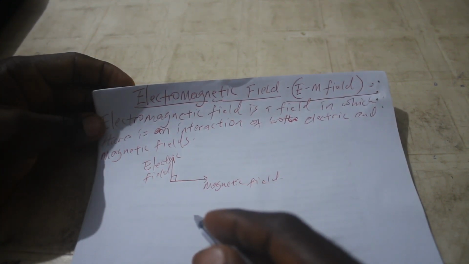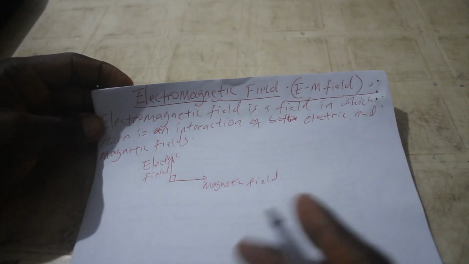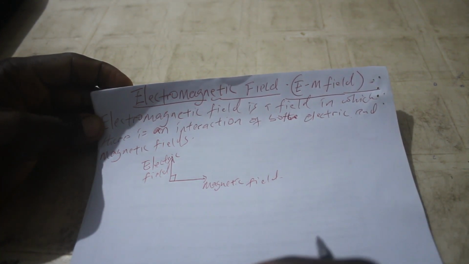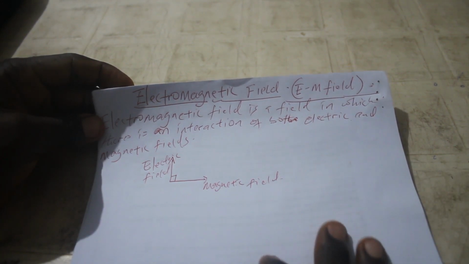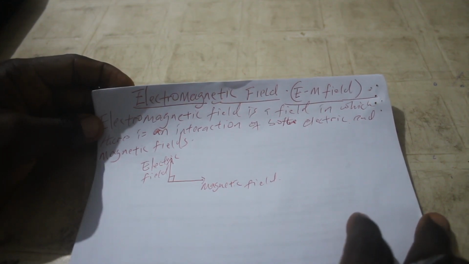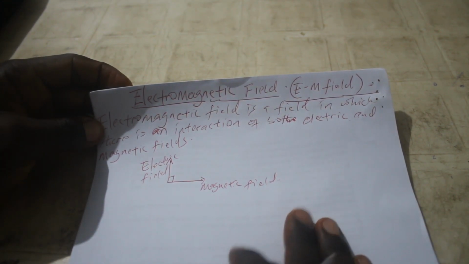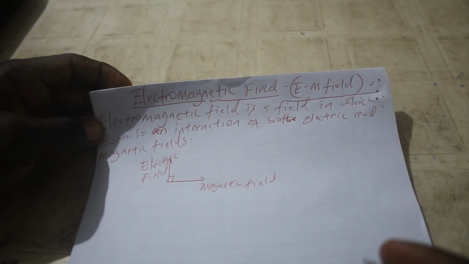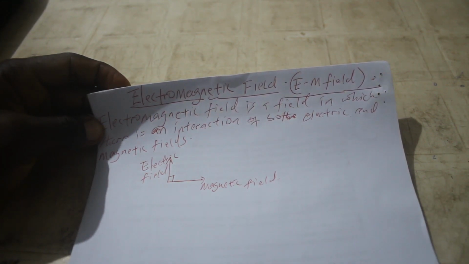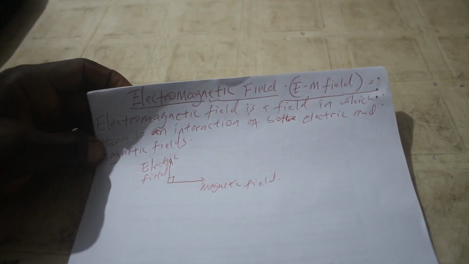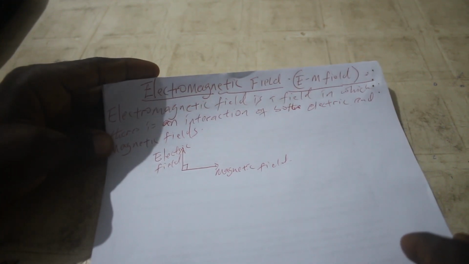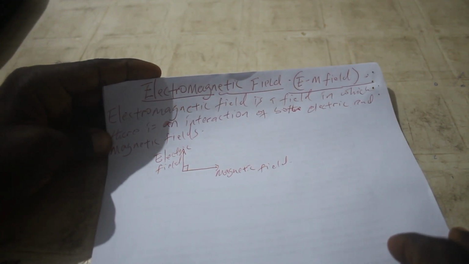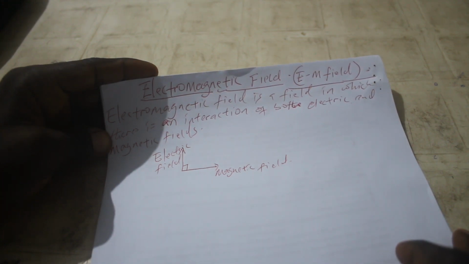Now, electromagnetic field is considered to have its separate existence in nature. That is, it exists independently on its own. It is not electric field, it's not magnetic field, it's just the interaction of both of them. It's also one of the four fundamental fields in the Standard Model.